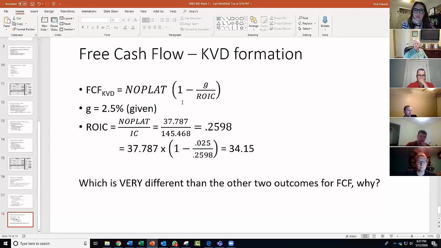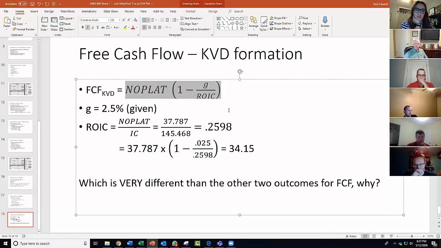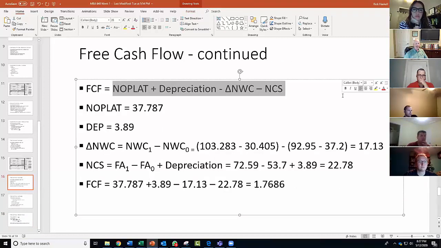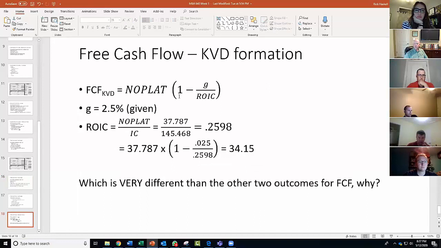But notice that not only do we have different inputs in g and ROIC, we have a different construction. The other two equations are additive, so it's just adding and subtracting. This equation is products and quotients, so multiplying and dividing. And that different structure, when we bring into it the second and third of what McKinsey and Company calls the key value drivers, KVD, which happen to be NOPLAT, so that's one of the three key value drivers.